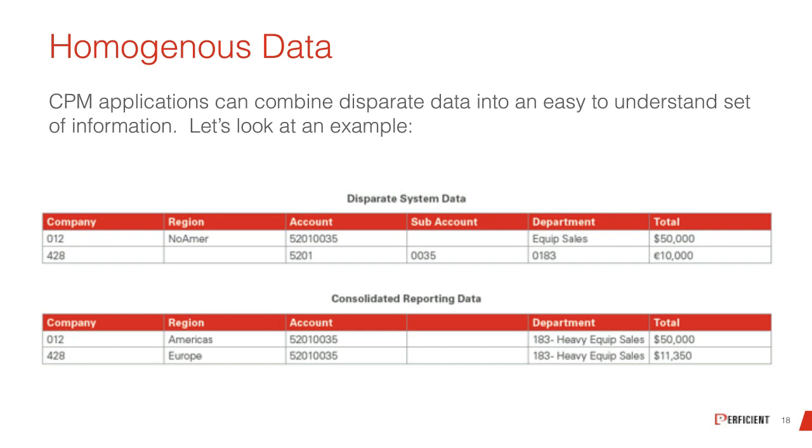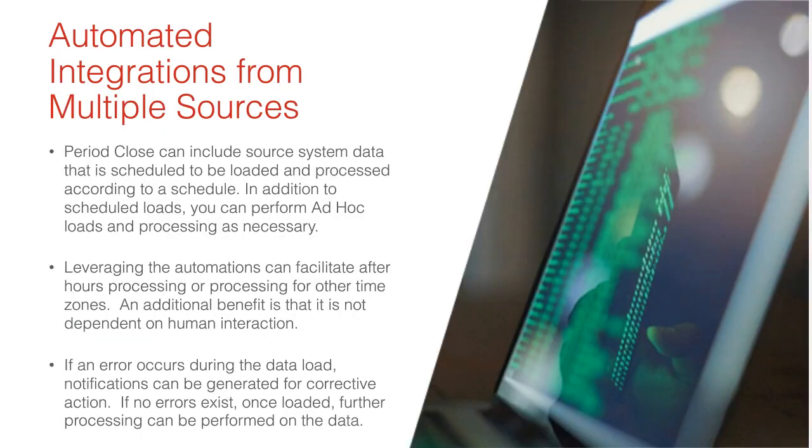It looks like we don't need a sub-account. And now we've got a department, 183, heavy equipment, much more descriptive than what we had before. And now it's translated it from pounds into US dollars. So just an example of how you can get homogeneous data out of some of these tools.